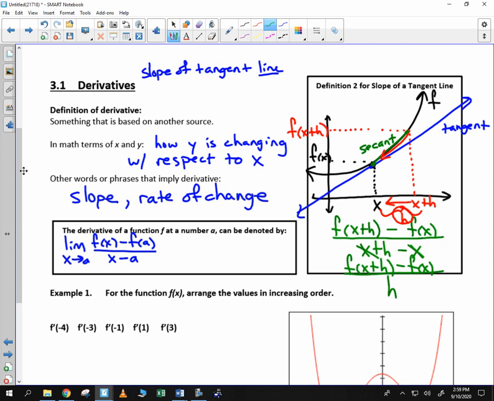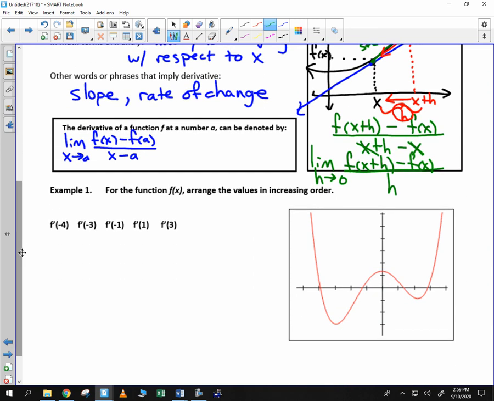In fact, h is going towards 0. The way we draw h to 0 is we use that limit. So the formal definition for the derivative is actually the limit as h goes to 0 of f of x plus h minus f of x all over h.